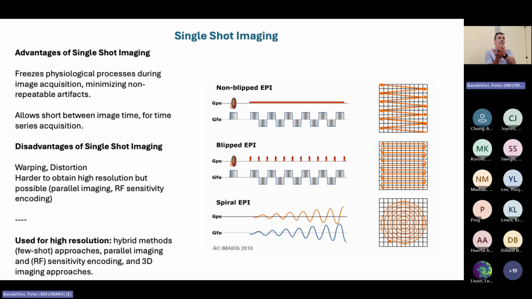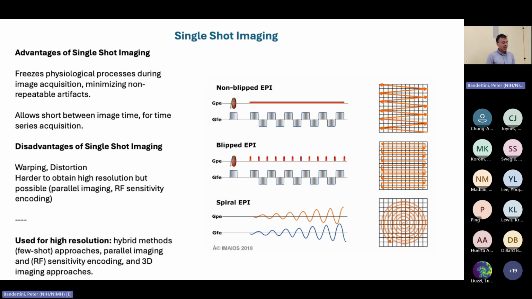With one slice at a time, each slice is collected completely self-contained within 20 milliseconds. With 3D encoding, you can traverse different segments of K-space in 30 milliseconds, but how those segments line up is a function of where you are in the cardiac cycle and where you are in breathing. So they can have phase errors, and you could have non-reproducible, non-repeatable artifacts over time.